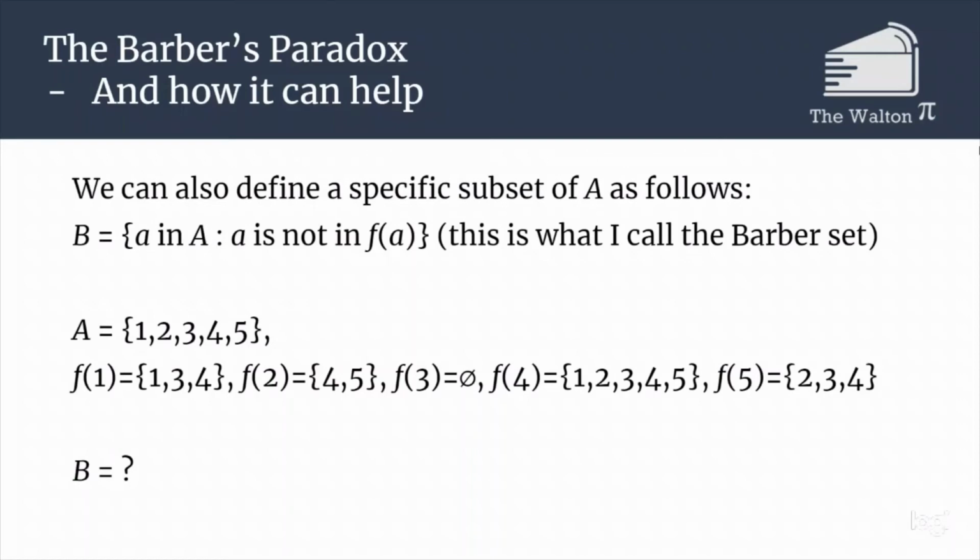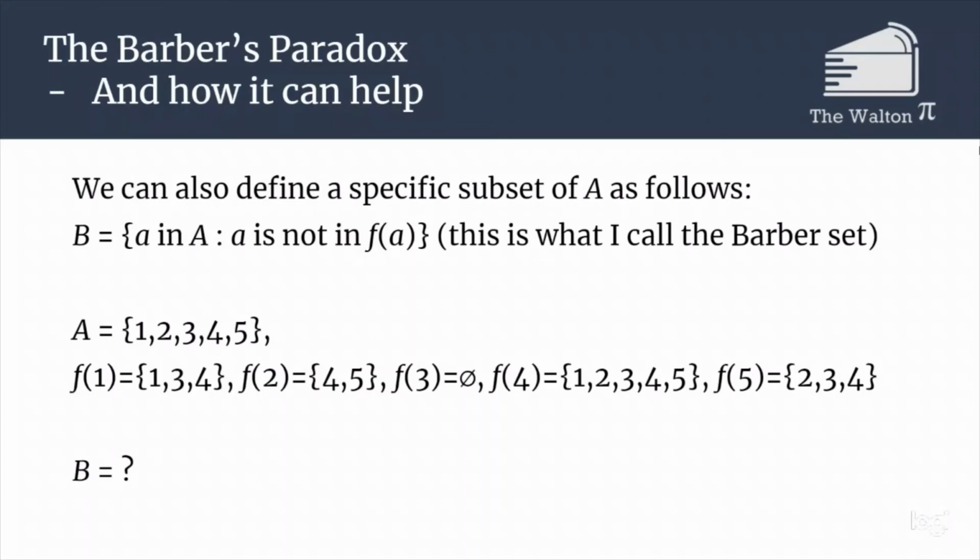What is B? Well, let's just go through and see which elements in our set A don't have themselves in their image. So if we look at a equals 1, we look to see, is 1 in f of 1? Well, f of 1 is the set containing 1, 3, and 4, so yes, 1 is an element of f of 1.